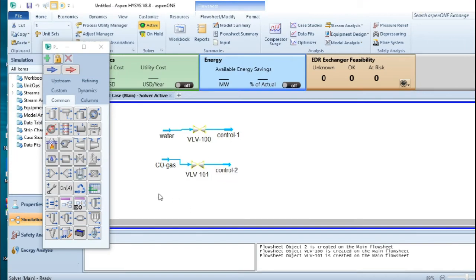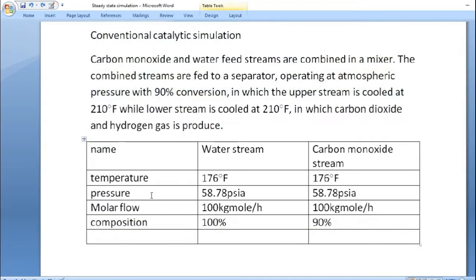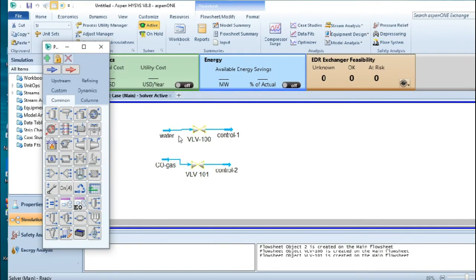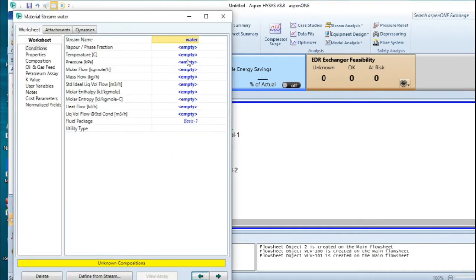So let's consult the question again. At the water stream, I have a temperature of 176 degrees Fahrenheit and a pressure of 58.78 psi.